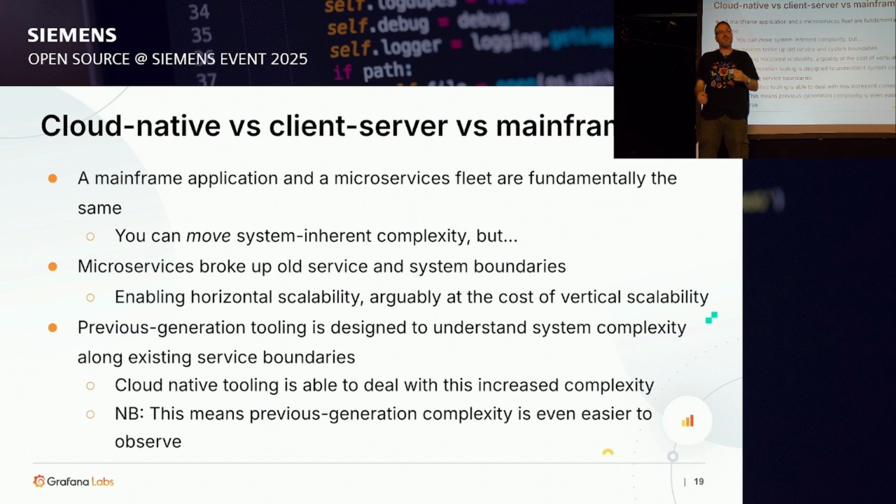So all of this previously hidden and well-contained complexity is all of a sudden deliberately exposed to you, to your peers, to everyone. And this is what makes part of cloud native so hard, and what makes part of Kubernetes so hard, and makes it basically impossible to understand without proper tooling.